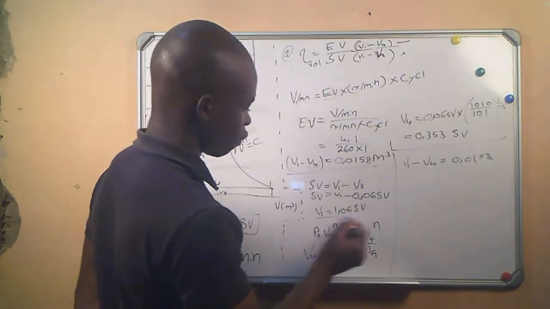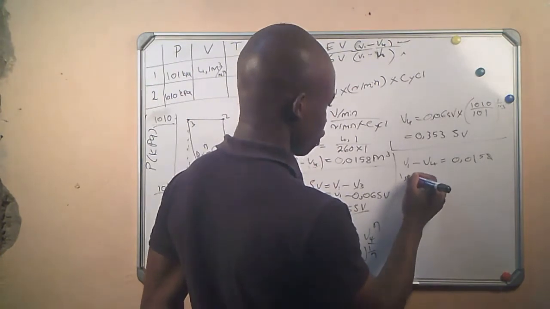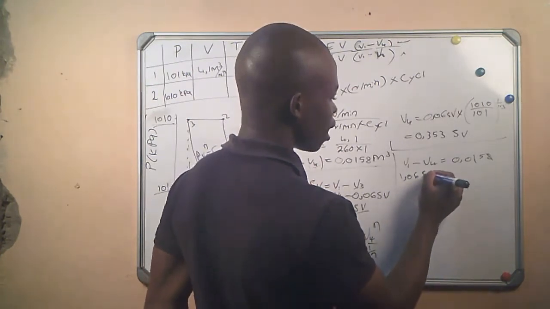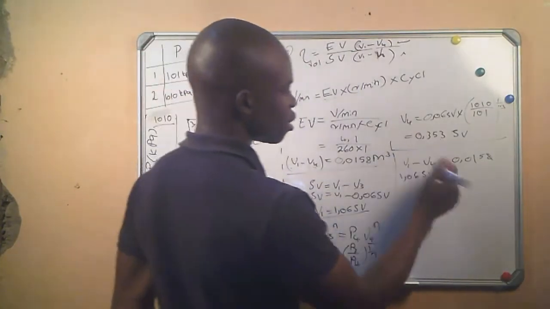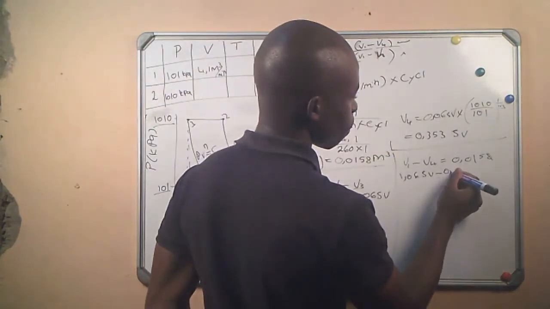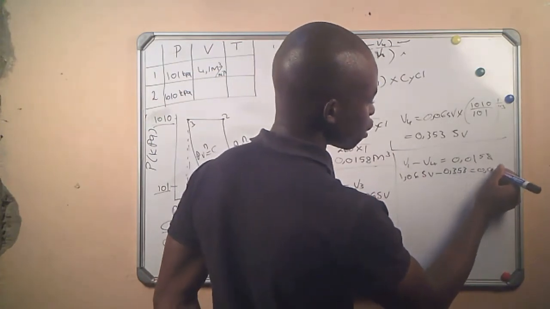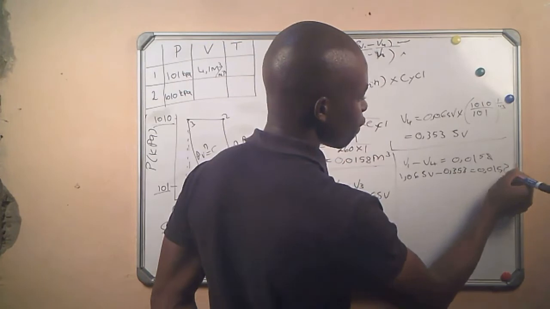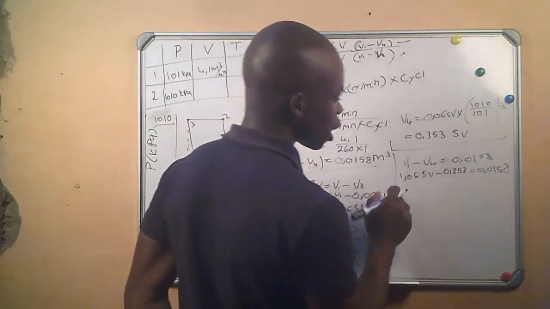This is the value of V1, 106 SV, minus the value of V4, which is this 0.353. It's equals to 0.0158, and then we minus here the answer that we get.